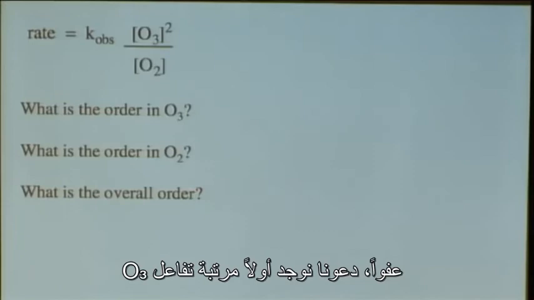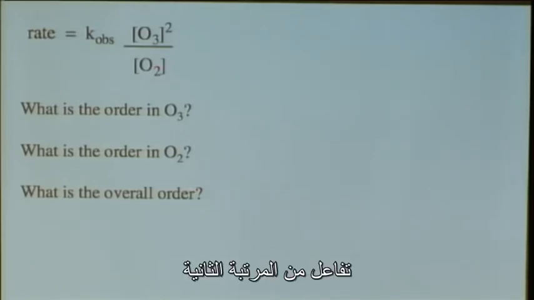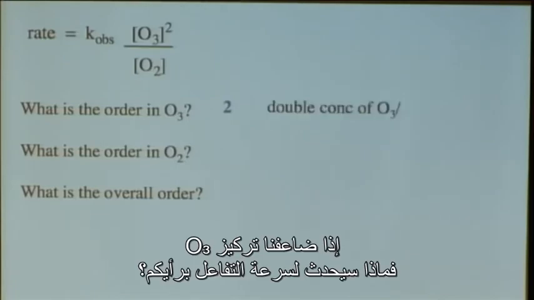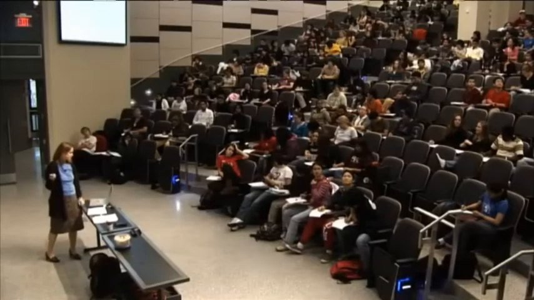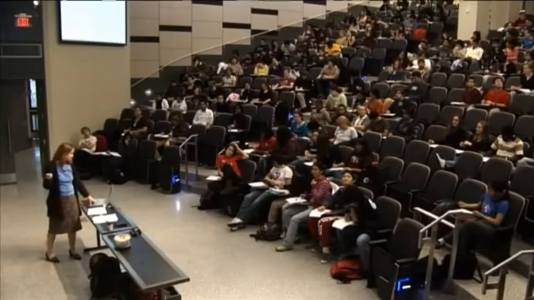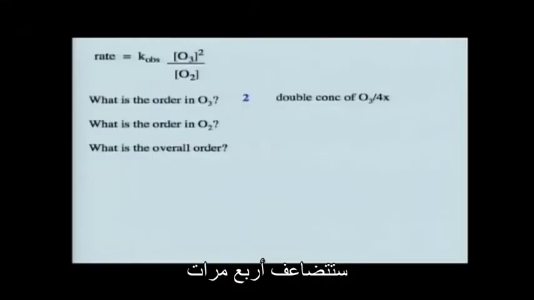Oh, wait, sorry. The order first, let's do of O3. It's 2. So if we double the concentration of O3, what would you expect to see in terms of the rate? It will what? Yep, quadruple.